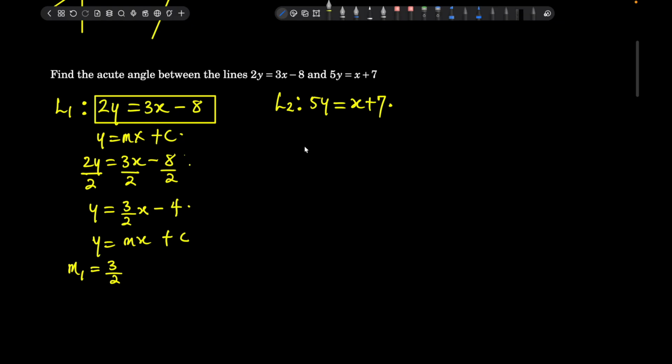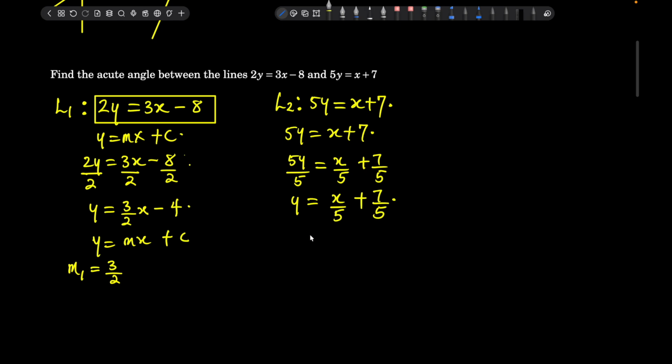For the second line, however, we do the same. So 5y equals x plus 7. We need to make the coefficient of y to be 1, so we divide through by 5. So we have 5y over 5 is equal to x over 5 plus 7 over 5. So y equals x over 5 plus 7 over 5.